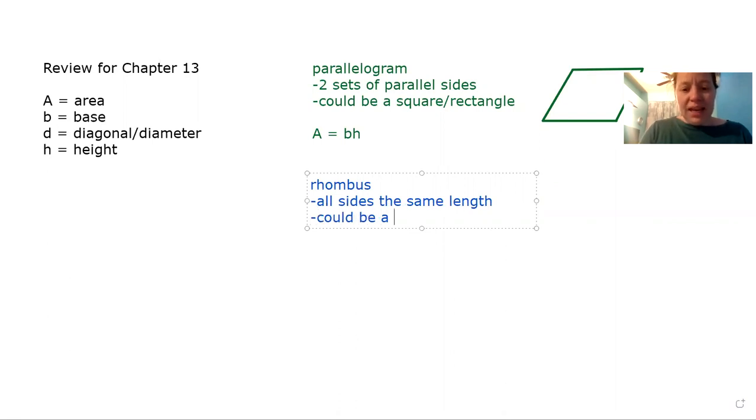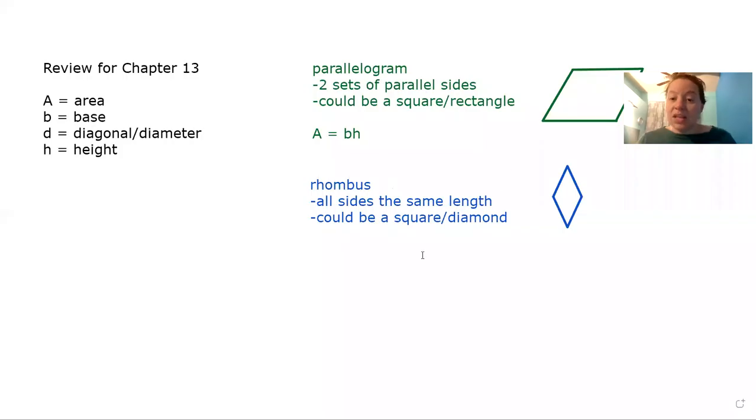It could be a square, or what most of you think of when you think of rhombuses is a diamond. Sorry, I forgot, we need to put in what the area is for the rhombus. So a rhombus area equals 1/2 diagonal 1 times diagonal 2.